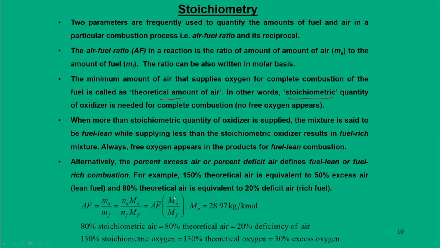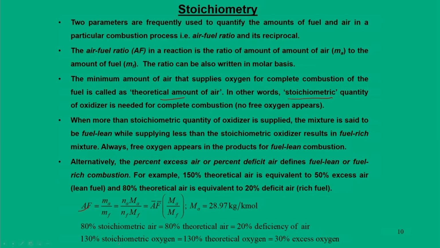So, how to quantify this? First, we have the air fuel ratio, AF, which is the mass of air divided by the mass of fuel. If you represent this mass of air in terms of number of moles, it is Na into Ma, where Ma is the molecular weight of air, divided by Nf into Mf.